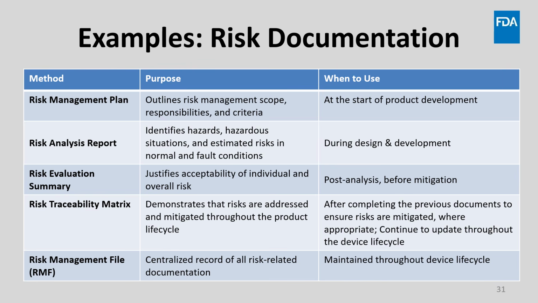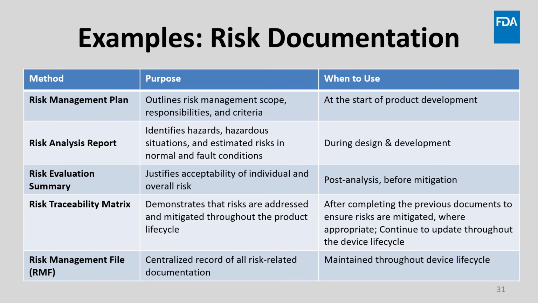There are several ways in which you can document your risk activities and decisions, as depicted on this slide and the subsequent slide. You can use a risk management plan, which outlines the risk management scope, responsibilities, and criteria at the start of product development. You can use a risk analysis report to identify hazards and estimate risk during design and development.